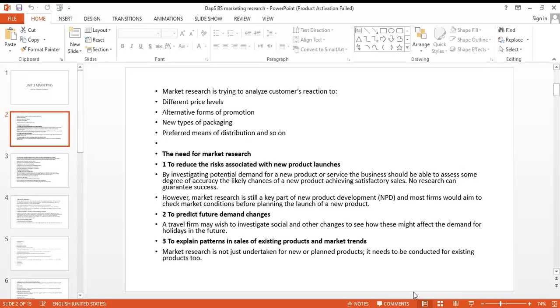They need market research first and foremost to investigate what kind of demand will exist for the product when and if it's produced. And if it is already there, then what kind of demand will be in the market in the future. So that way, the risk associated, especially with the NPD, especially with the new products which are launched, is reduced.